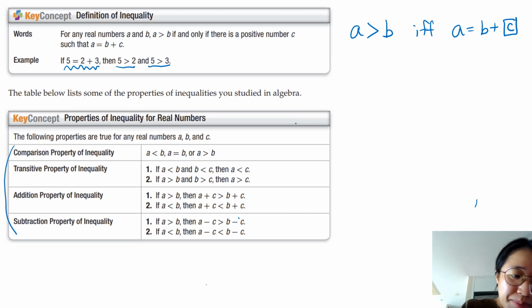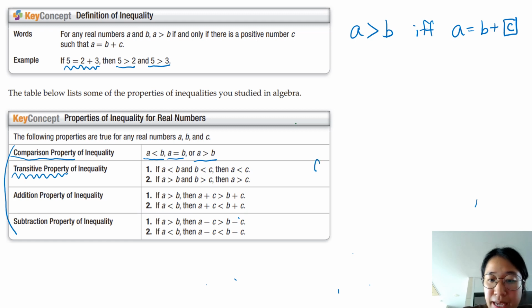So there are some properties right here in the table. Let me just read it through. Comparison property: A can be less than B, or A can equal B, or A can be greater than B. Transitive property, that's the second one.